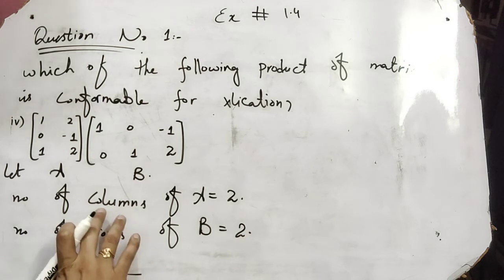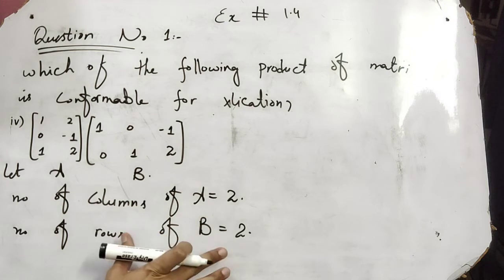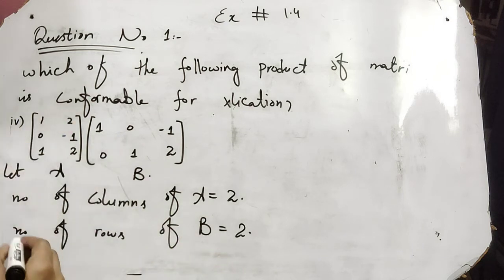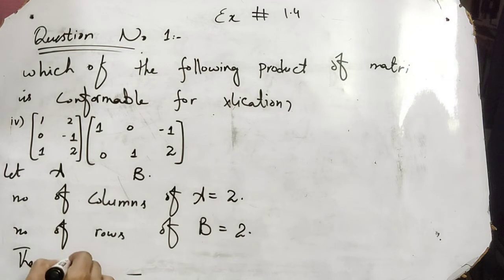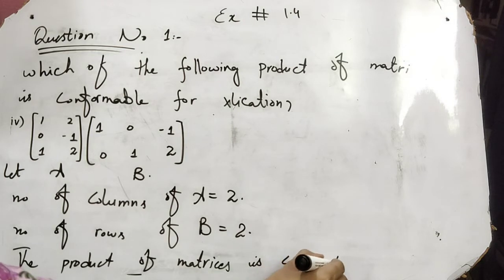The number of columns of matrix A is equal to 2 and the number of rows of matrix B is equal to 2, so both are the same. So we can say that the product of matrices is conformable for multiplication.